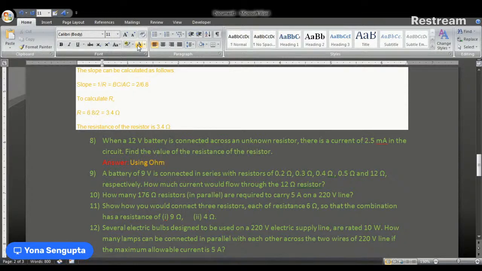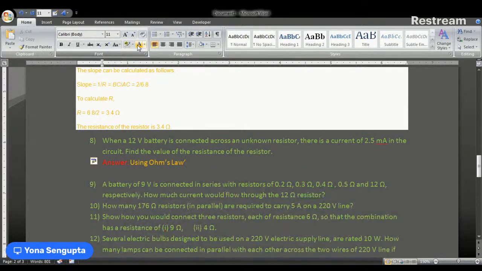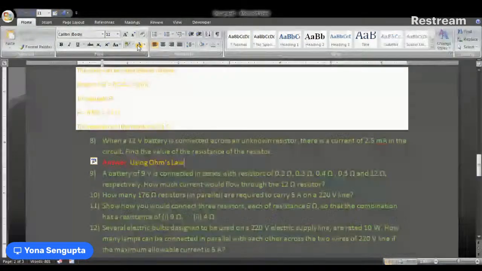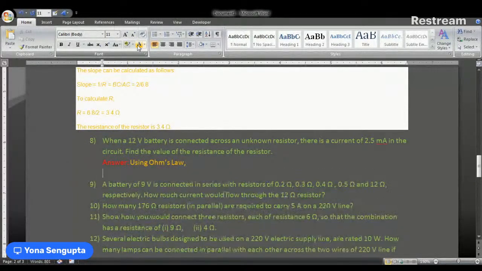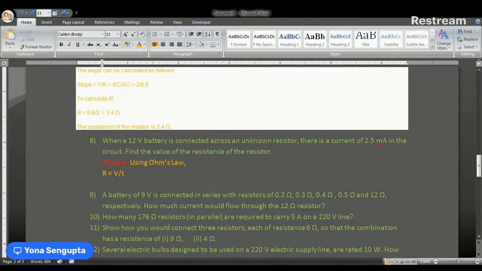Using Ohm's law. Now we know that using Ohm's law, R equals V by I. We are going to use R equals V by I.